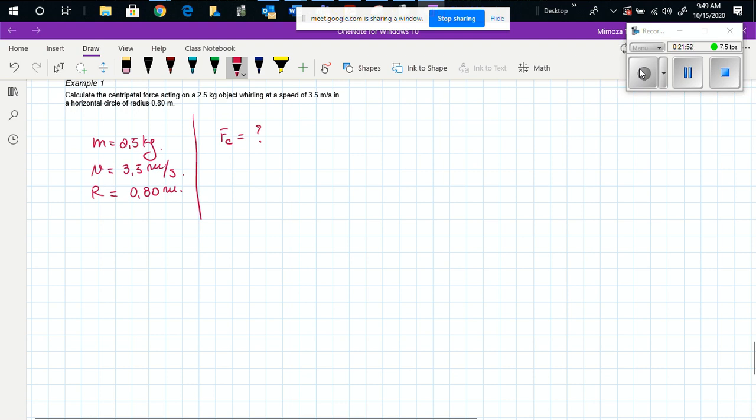Keep in mind, in order for an object to have a uniform circular motion, the condition is that the net force has to be perpendicular to the velocity. And what is happening in this case is that the centripetal force is taking the identity of the net force. The centripetal force is perpendicular to the velocity, but it is always calculated as mass times centripetal acceleration.